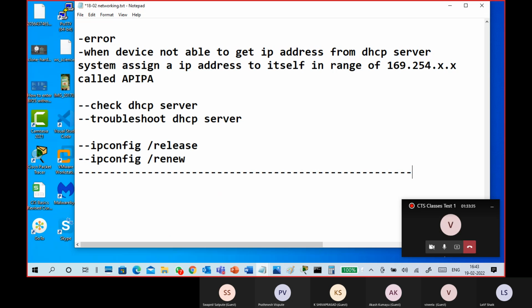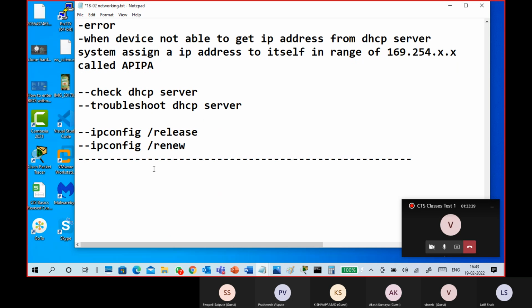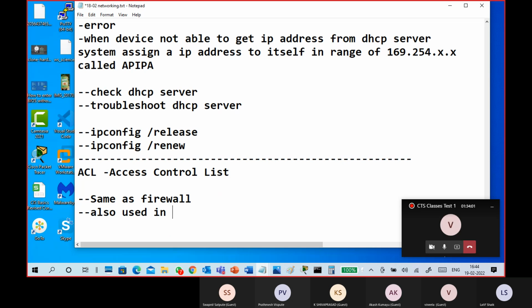ACL part is there. Access control list. It is the same thing as a firewall, and is also used in firewall configuration.